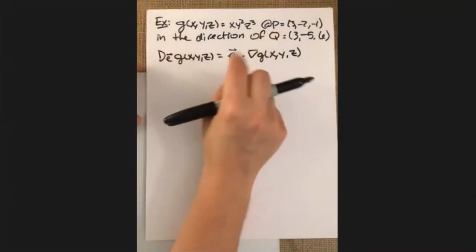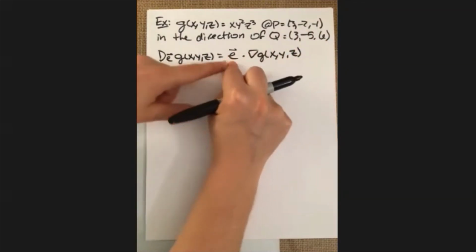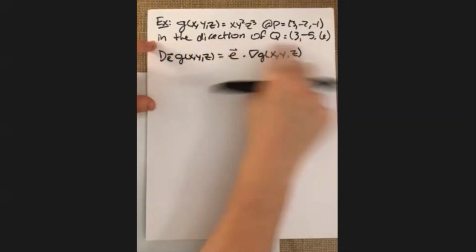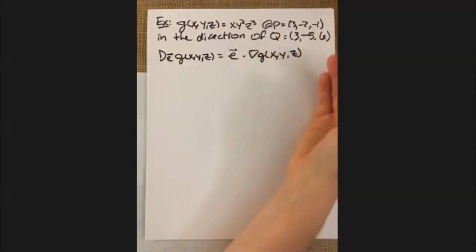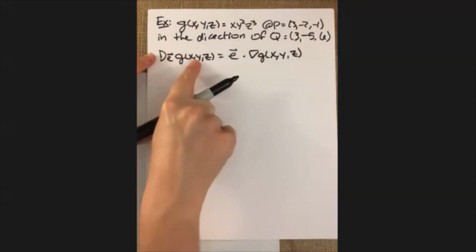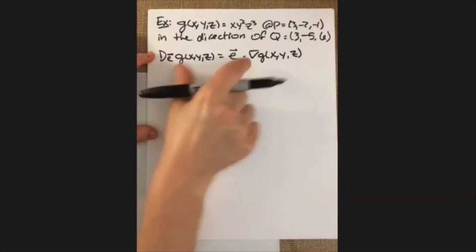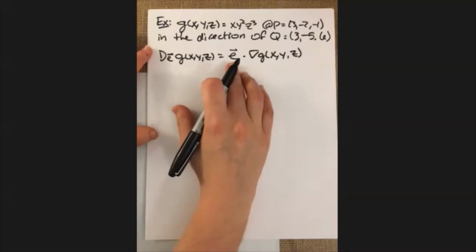There are two key components to this, our vector and our function. Since we're changing the direction, we're changing this part, which means we can't just reuse what we computed before, because a key piece of it has changed.